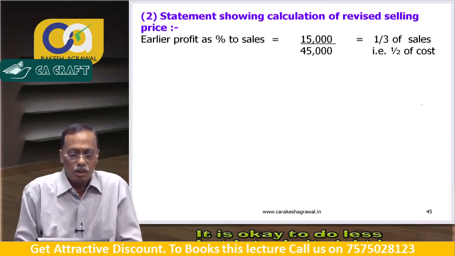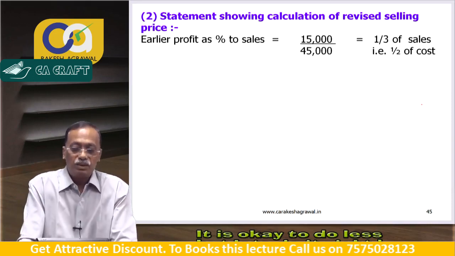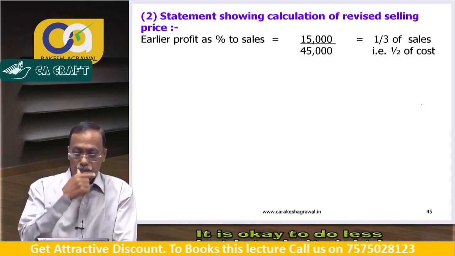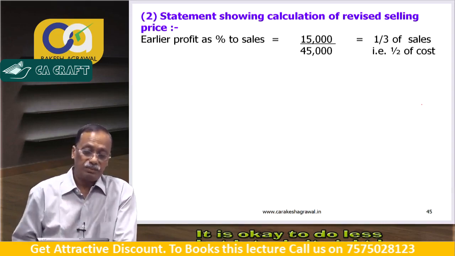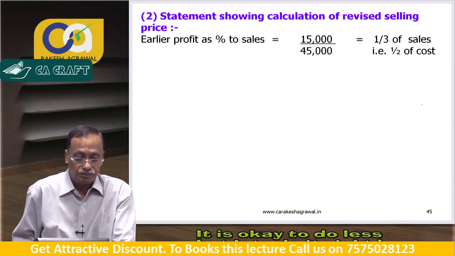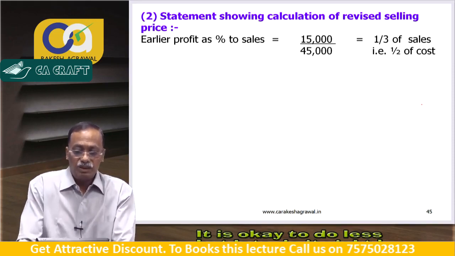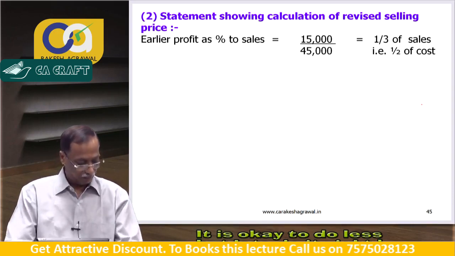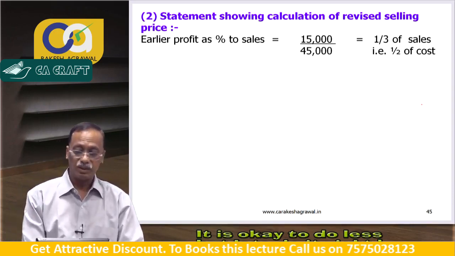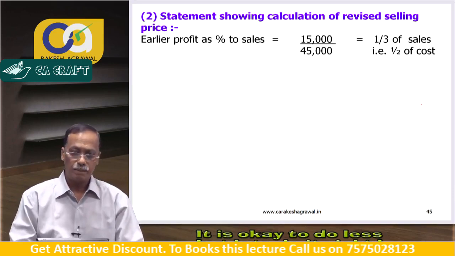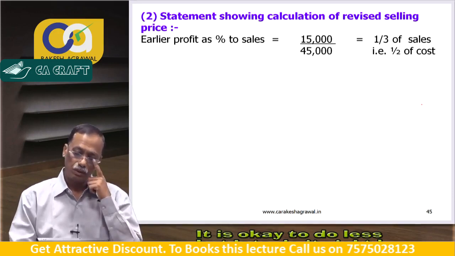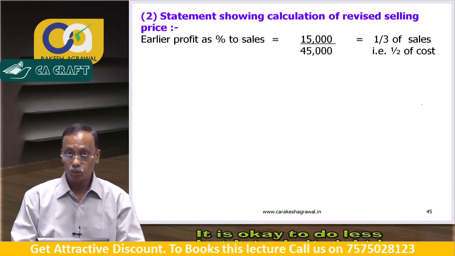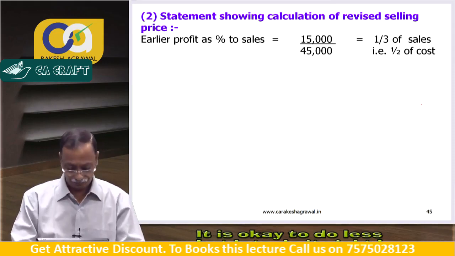Below write down earlier profit as percentage of sales. Earlier profit as percentage of sales is equal to 15,000 upon 45,000 is equal to 1/3 of sales, that is 1/2 of cost.